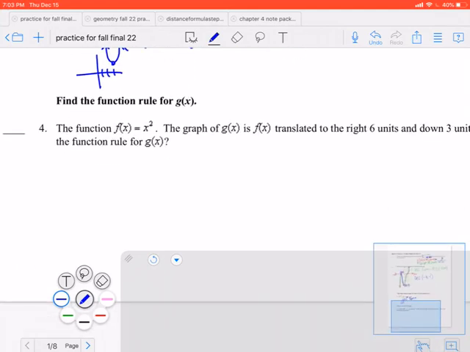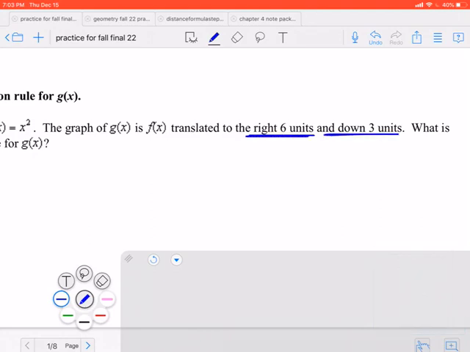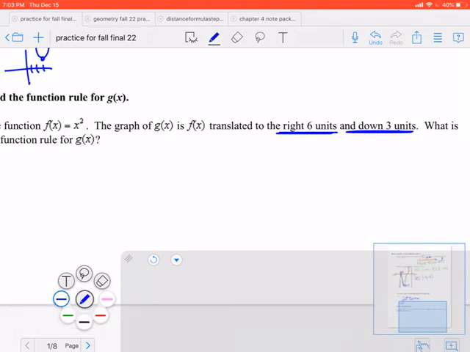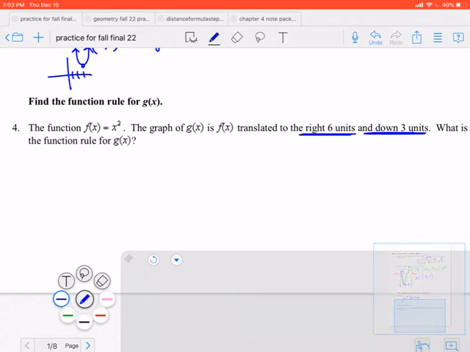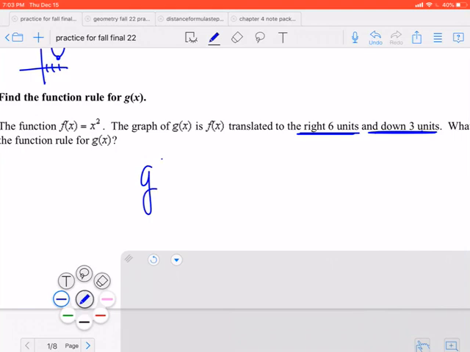Pretty straightforward. The function f of x equals x squared. The graph of g of x is f of x translated to the right 6 units and down 3 units. What is the function rule for g of x? We're going to write its equation. G of x is equal to, so the vertex is at the origin.